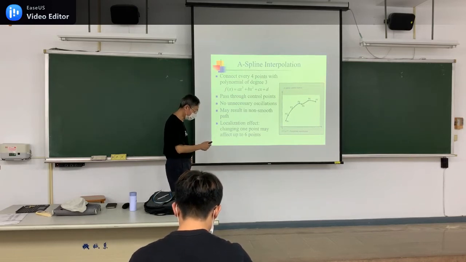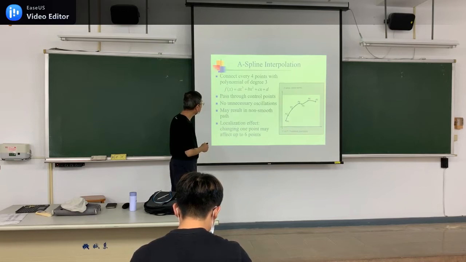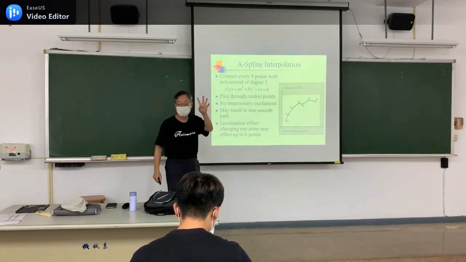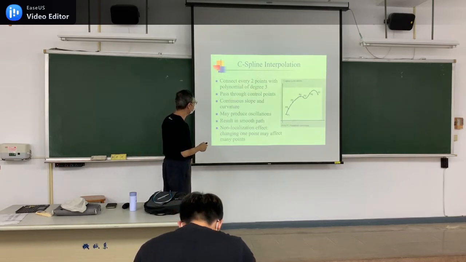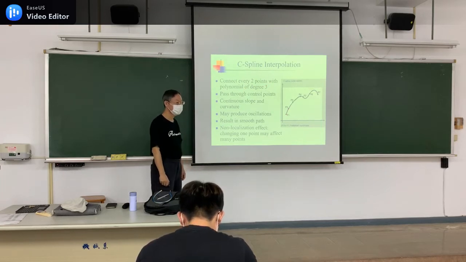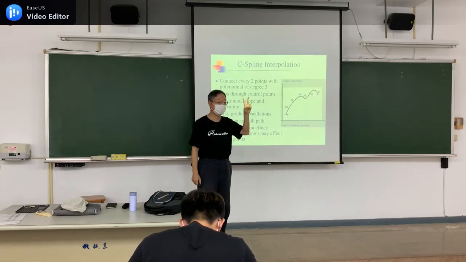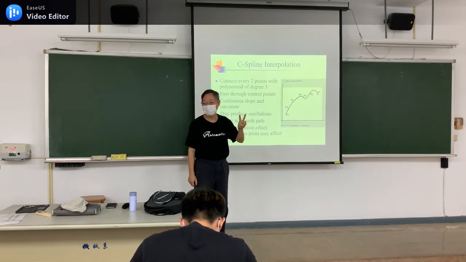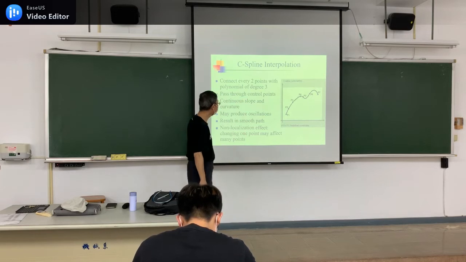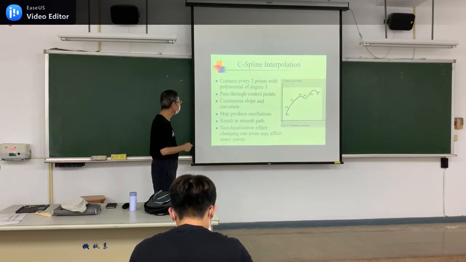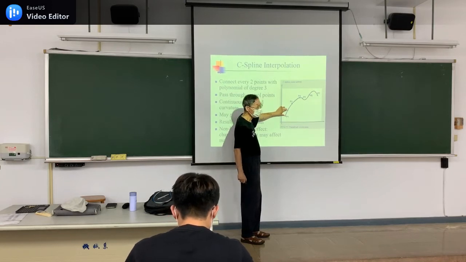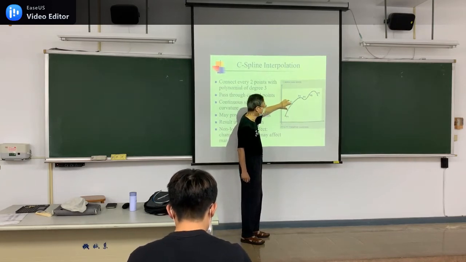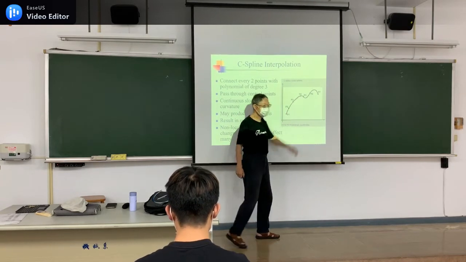Okay. If you do this way, here you have 1, 2, 3, 4 parameters to determine. But you require only to pass through 2 points. So that means you have 2 additional conditions that can be imposed. So the result of this is, of course, it will pass through the control point because this one is a polynomial degree 3. This one is also polynomial degree 3, and so on. Okay.